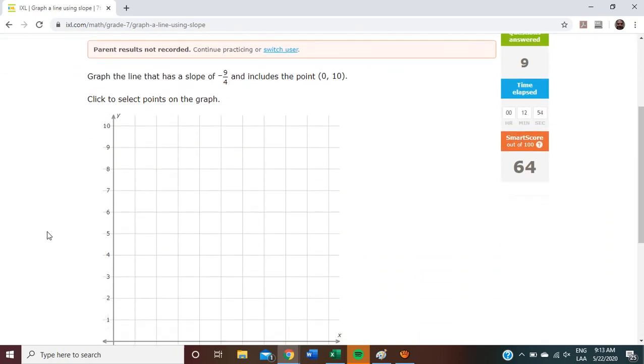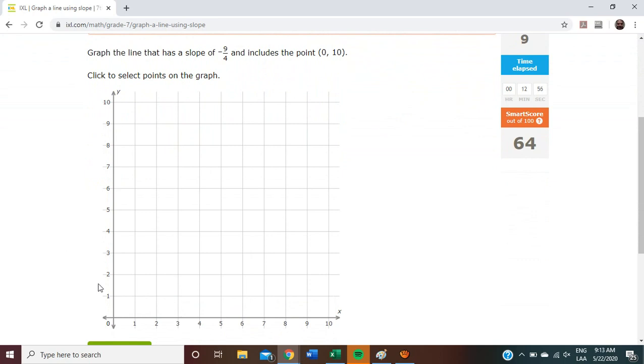Okay, negative 9/4. We have to include (0, 10), and we go down 9 times, 1, 2, 3, 4, 5, 6, 7, 8, 9, and 4 times to the right, 1, 2, 3, 4.